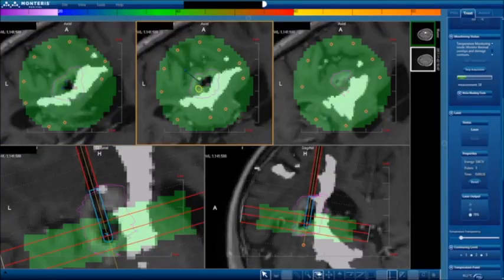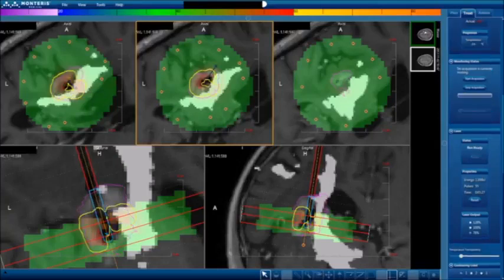Thermal damage threshold lines are used to monitor the extent of ablation. The yellow line corresponds to the area that was exposed to 43 degrees Celsius for 2 minutes, whereas the blue line represents the area of tissue damage that was exposed to 43 degrees Celsius for 10 minutes. Yellow and blue tissue damage lines are constantly monitored throughout the ablation to ensure only minimal overlap with the corticospinal tracts.